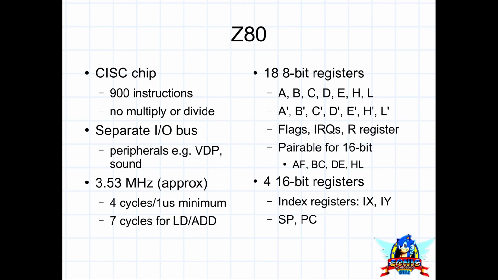You could add HL to DE, and you could read using HL as an index register. So this kind of took the place of the zero page of a 6502. There are also 4 explicitly 16-bit registers, some index registers called IX and IY, and then the stack pointer and the program counter were full 16-bit registers too.